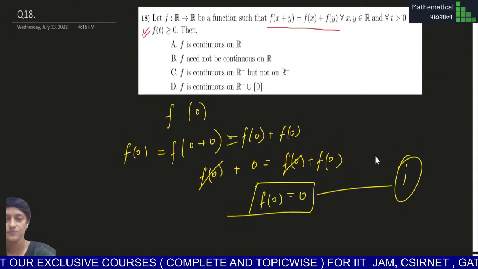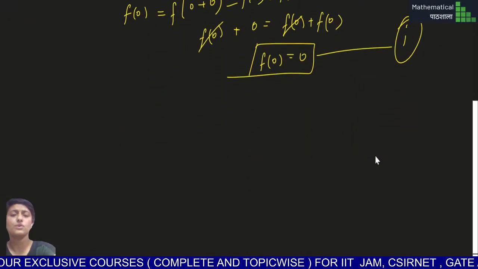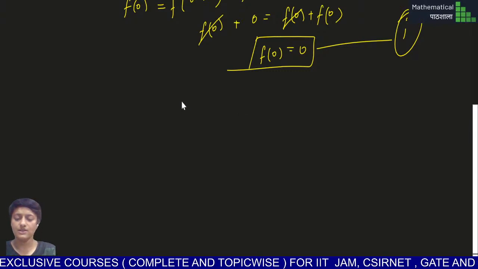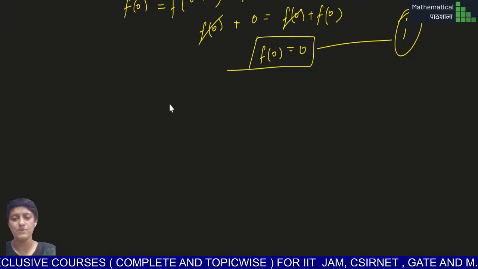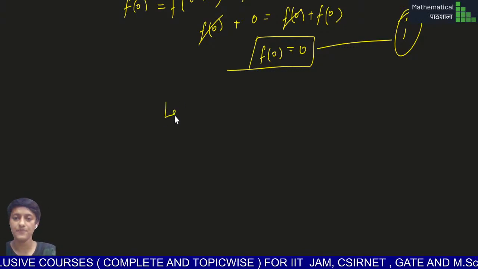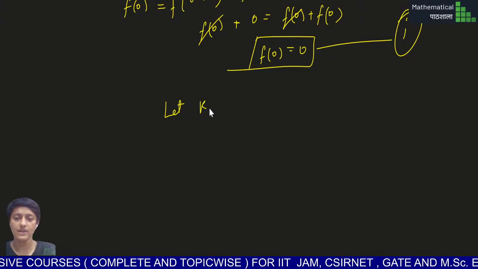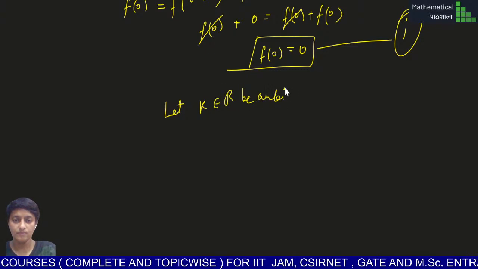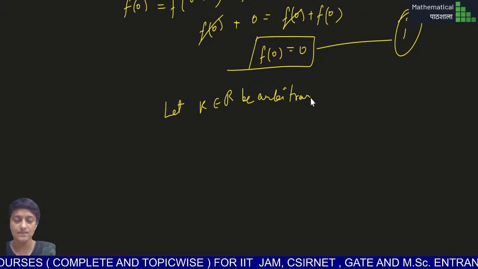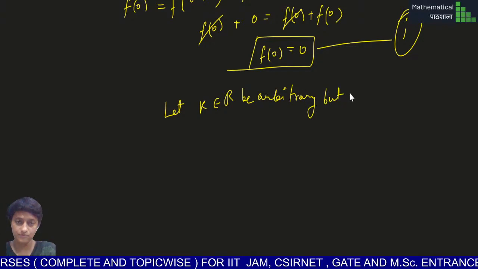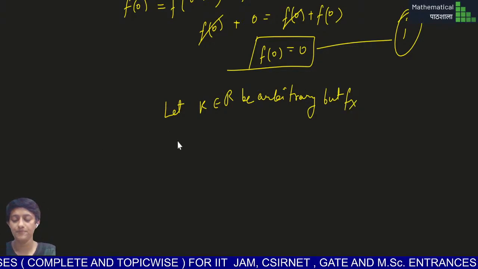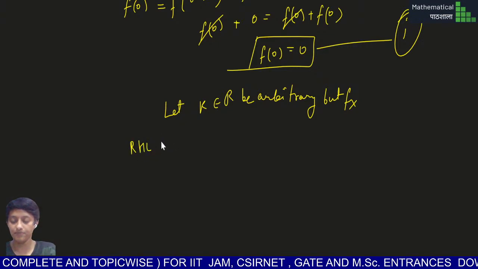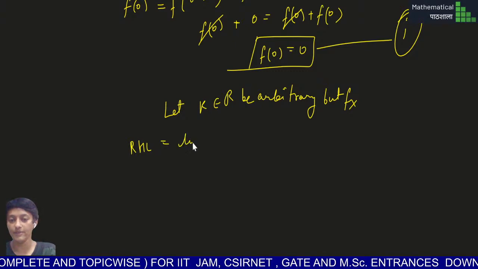So let us see for the continuity, where it is continuous and where not. Let us take an arbitrary point for now. Let k belong to R be an arbitrary but fixed point. First of all, we will find the right hand limit. What will be the right hand limit?